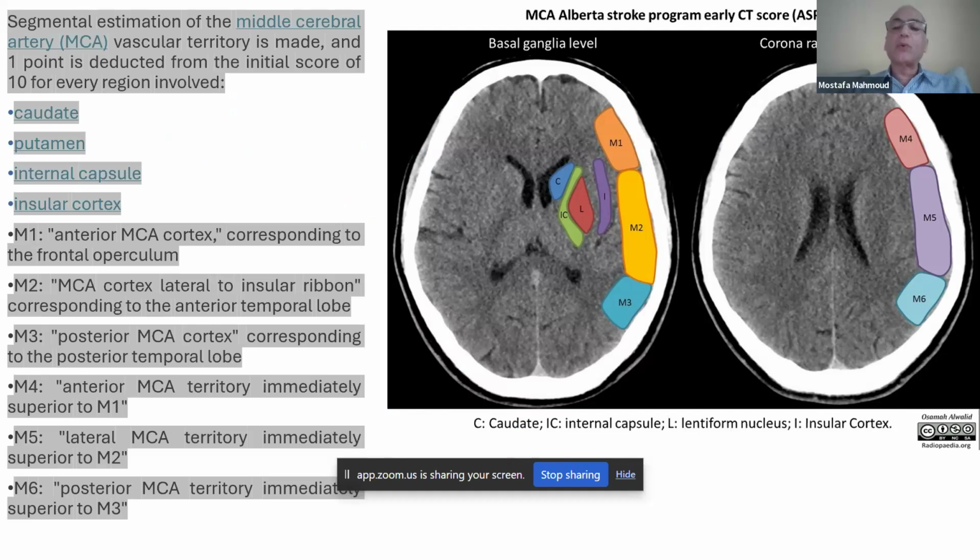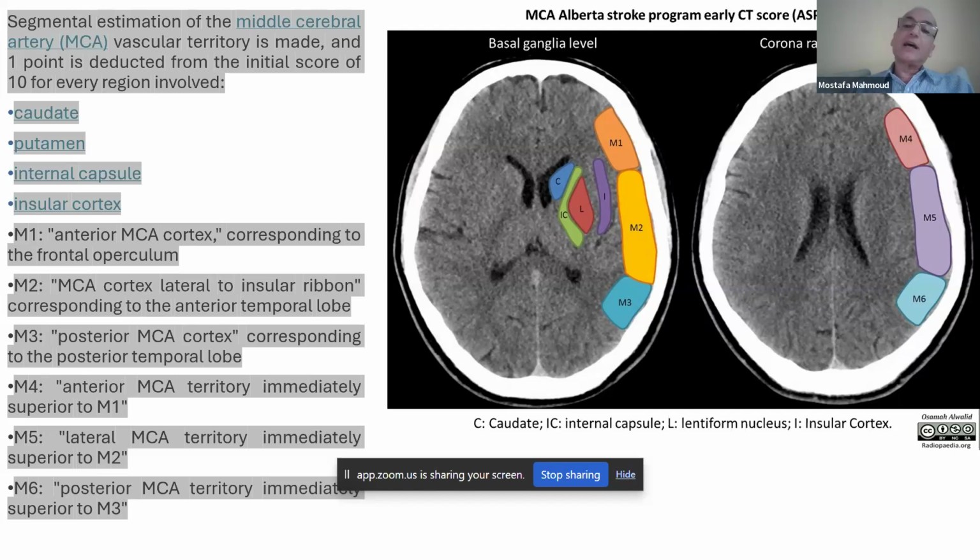As you all know, we are depending on the Alberta score for evaluating the magnitude of stroke on a plain CT. It is divided into 10 points.